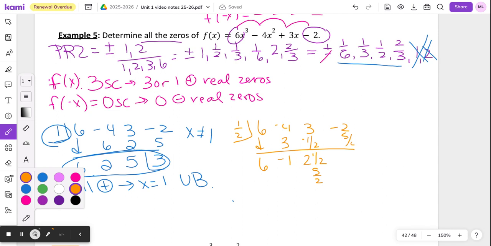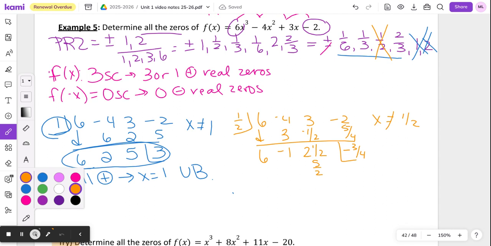Multiply, add, all right, so now, again, I didn't get 0, so it's not 1/2. And now these didn't all come out to be positives. So that means it's not an upper bound. So I should check greater than it.